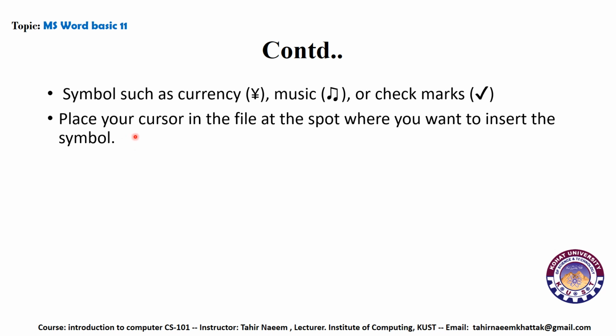If we want to place these characters, we place our cursor in the file at the spot where we want to insert the symbol. For example, if we want to place it here, we click here and our cursor will start blinking here. Then we go to Insert, and then to the Symbols group.